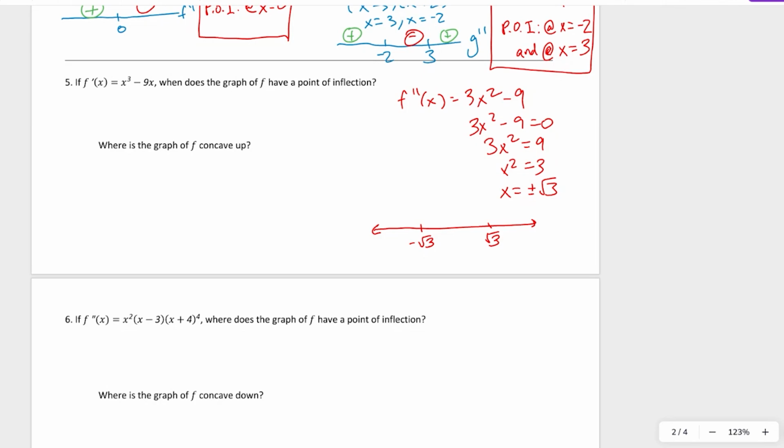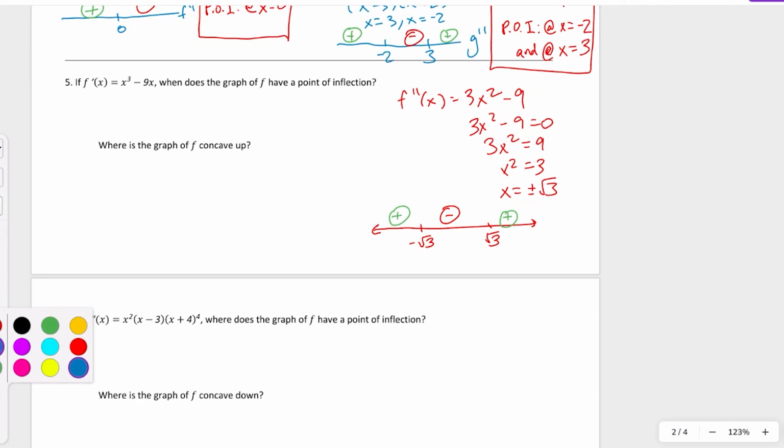So if I plug in like -10, now hold up here. If I plug in like -10, squared would be 100. We got 300 minus 9. That's positive. Plugging in 0 gives me -9, so that's going to be negative. And plugging in something like 10 is going to be positive again. So we have 2 points of inflection.